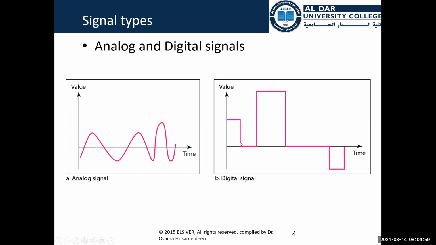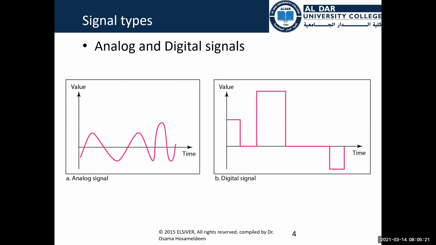So, for example, at this time we have a high value, and then it transforms to a low value immediately, suddenly, and then from low value to high value also suddenly.